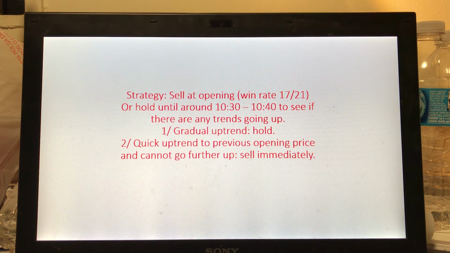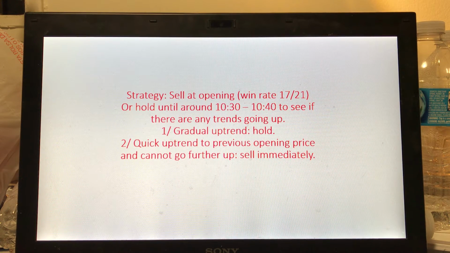Based on your observations from the opening price to 10:30 or 10:40, if you see a gradual uptrend, you will definitely want to hold your stock, and you expect it to return to the previous close price, or even close to that.